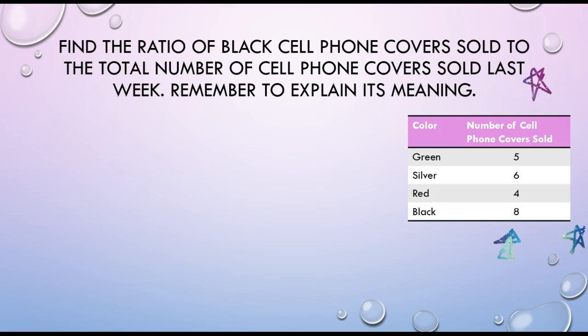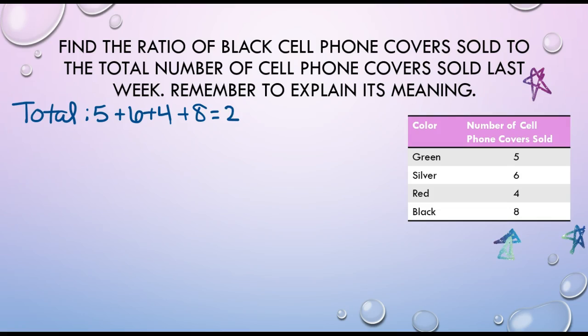So we're going to start with the total. So in order to find the total number of cell phones sold, I need to say, okay, 5 green ones, plus 6 silver ones, plus 4 red ones, plus 8 black ones. I really like the number 23 I'm finding. 5 plus 6 plus 4 plus 8. Guess what?